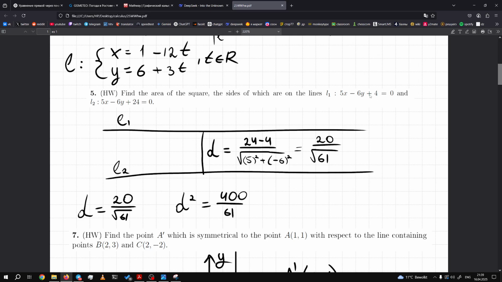The distance is the modulus of d1 minus d2, of course. So 24 minus 4 is 20, divided by the square root of the sum of squares of the coefficients before x and y. So I hope it's clear for you, and d squared is this one.